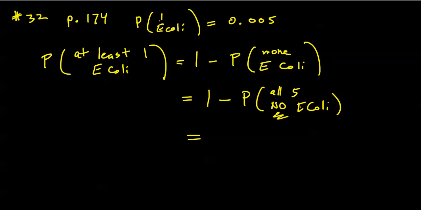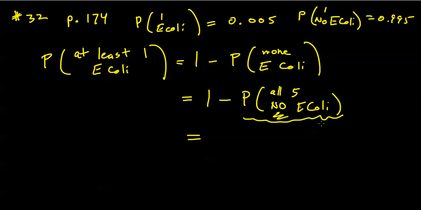Well, if the probability that 1 has E. coli is 0.005, the probability that 1 has no E. coli is going to be 1 minus that, or 0.995. Alright, so the probability that all 5 pools don't have E. coli is going to be that 0.995, the probability that any pool does not have E. coli, raised to the 5th power by the multiplication rule.